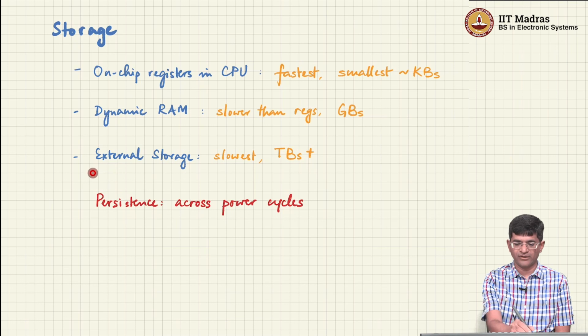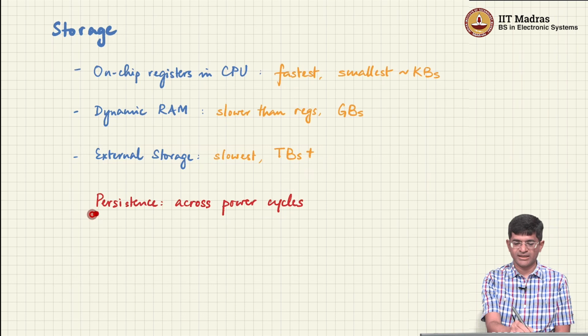And of course, as I said, you have external storage. The terms that we use for them are typically either HDD, the hard disk drive, or SSD, solid state drives, or flash drives. Those are common terms for what we call external storage. They are typically even much slower than dynamic RAM, but the capacity is huge. Terabytes are easy to obtain. I mean, even a fairly low end laptop these days, for that matter even some phones, end up with terabytes of persistent storage.